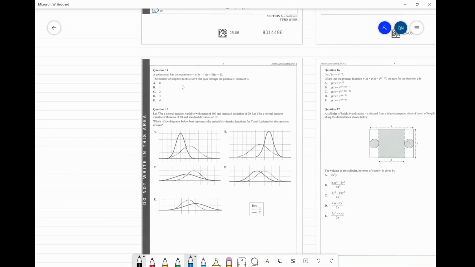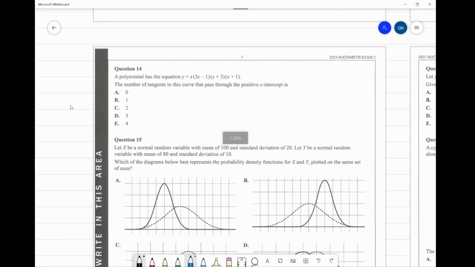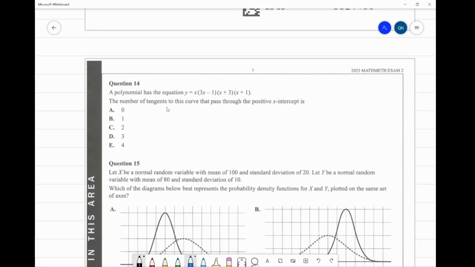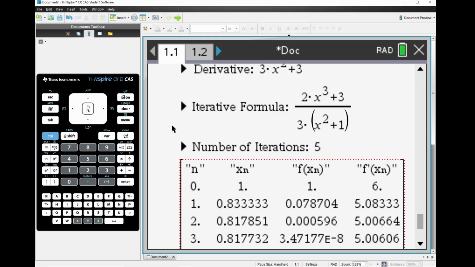Question 14. A polynomial has this equation. The number of tangents to this curve that pass through the positive x-intercept is... So what we can do for this one is graph it. I'll also define it.